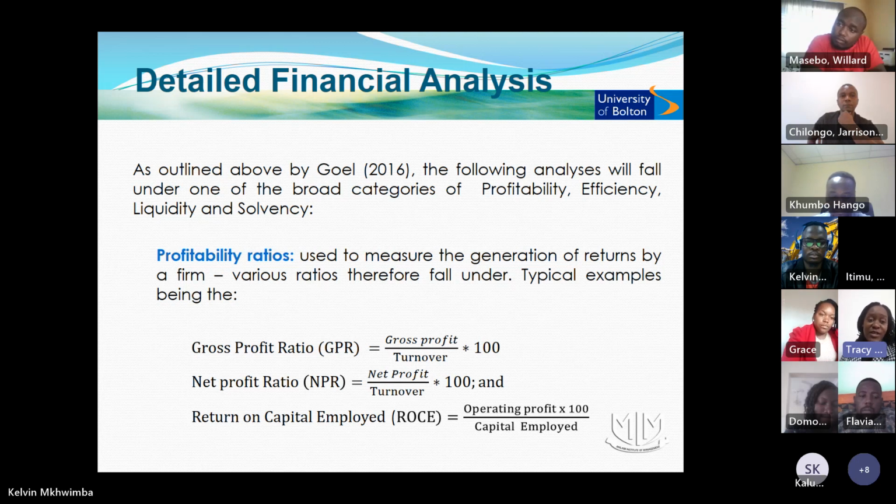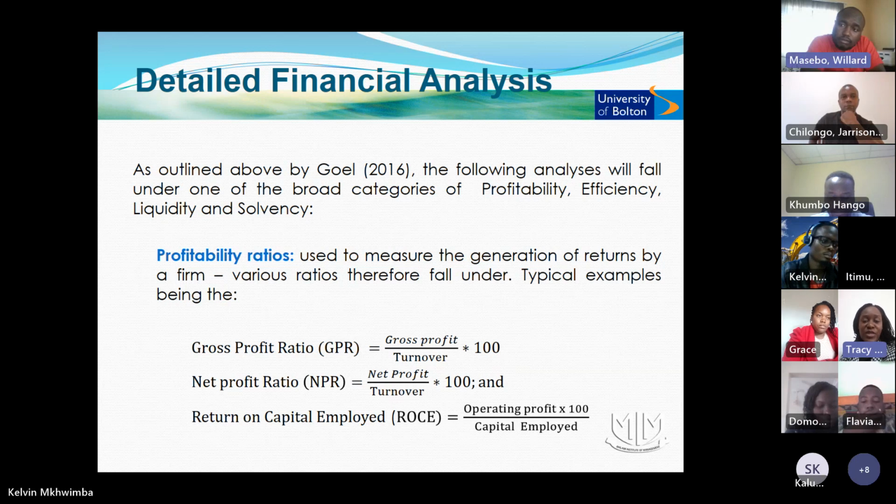So I will focus much on the profitability segment, where the profitability ratios were conducted, and we zeroed into the gross profit ratio, net profit ratio, and also return on capital employed.